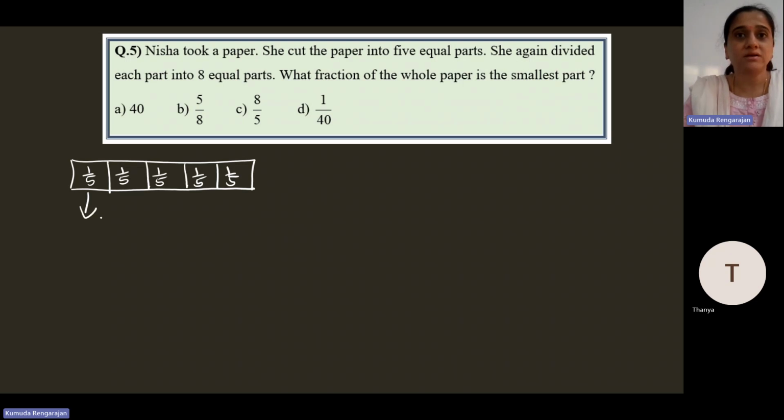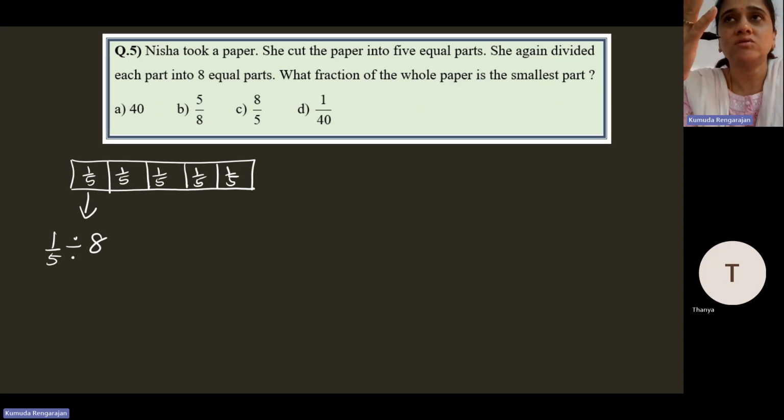Now take this part. This 1 by 5 is further divided into 8 equal parts. That means 1 by 5 divided by 8. Each part will be 1 by 5 divided by 8. Like 20 divided by 5. What is it? 4. So each of you will get 4 chocolates.